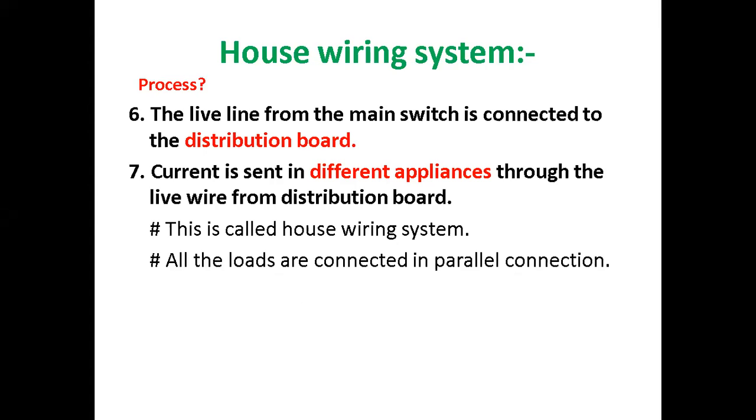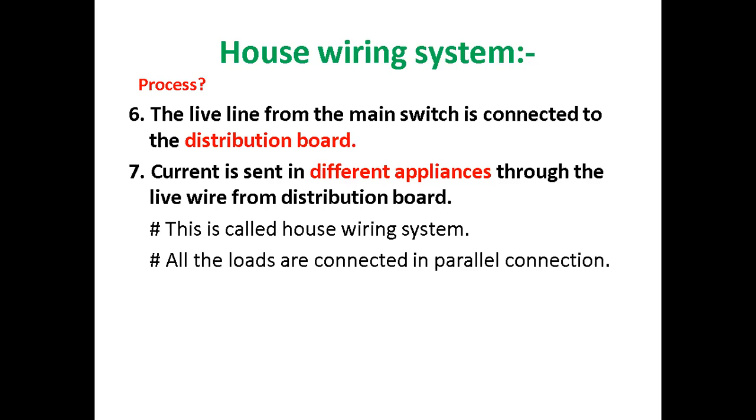All the loads are connected in parallel connection. Parallel connection means all the phase points of the instruments are connected with the phase wire of the supply, and the neutral wire is connected to the neutral wire of the supply.